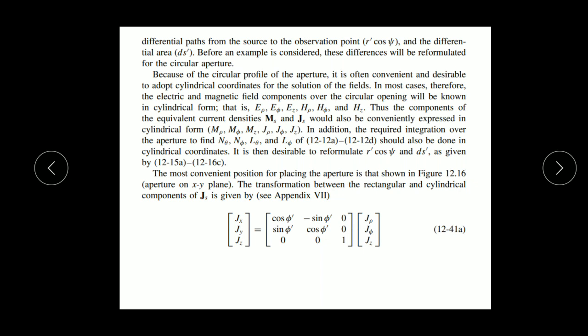The most convenient position for placing the aperture is as in figure 12.16, in the xy plane.